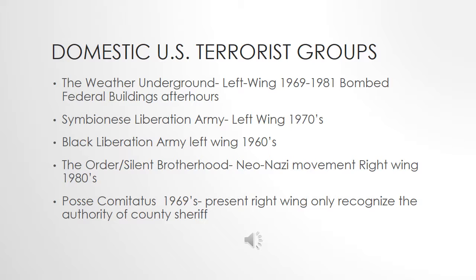It was led by a former African American escaped convict, but he had a lot of white upper middle class followers, and they wanted to create homelands for minorities within the United States. The Symbionese Liberation Army was accused of killing an African American superintendent of schools, a man named Foster.